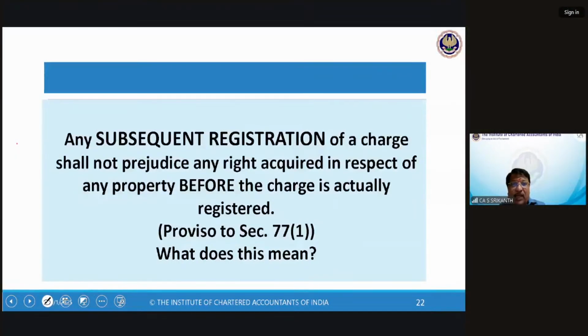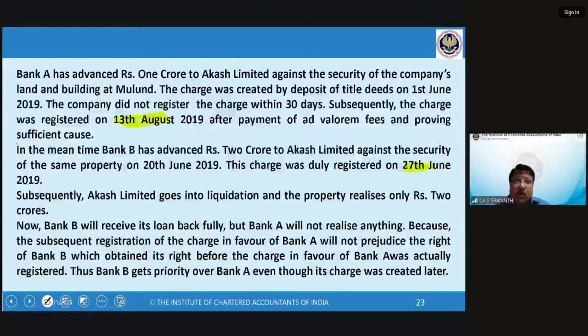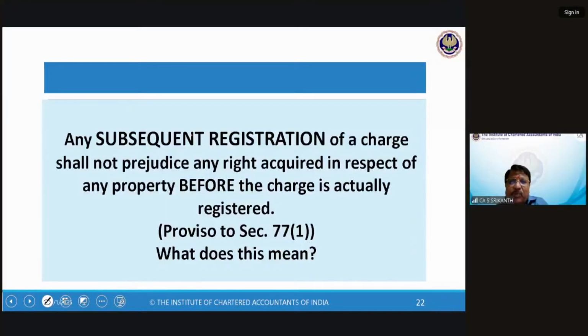Now come back to this line: a subsequent registration of a charge shall not prejudice any right acquired in respect of any property before the charge is actually registered. So, subsequent registration of the charge is 13th August. It will not prejudice the right of Bank B, which was acquired before it was actually registered. So, that was registered on 27th June.